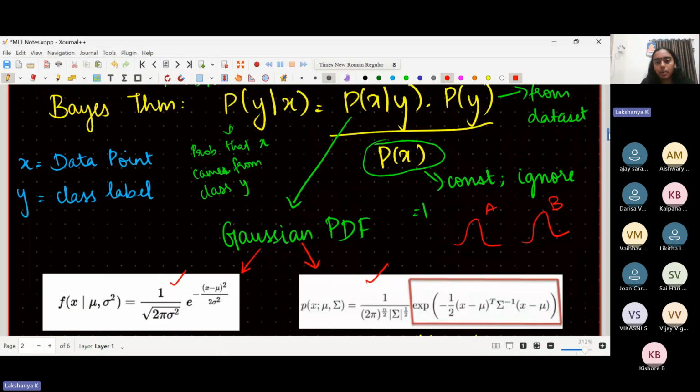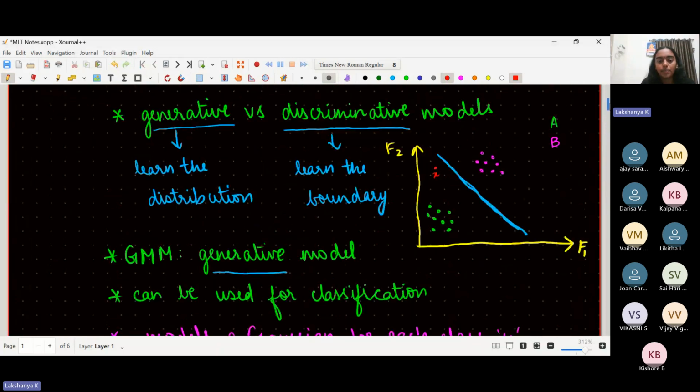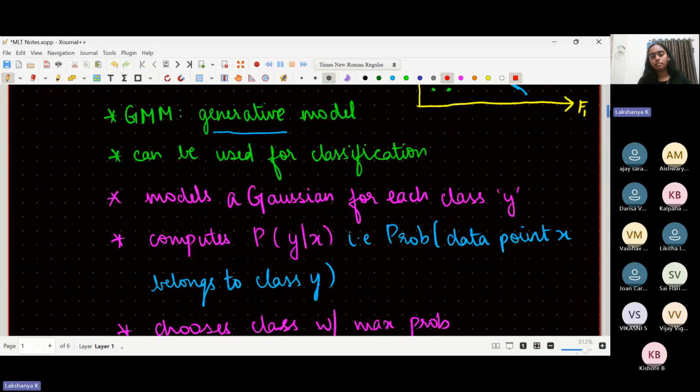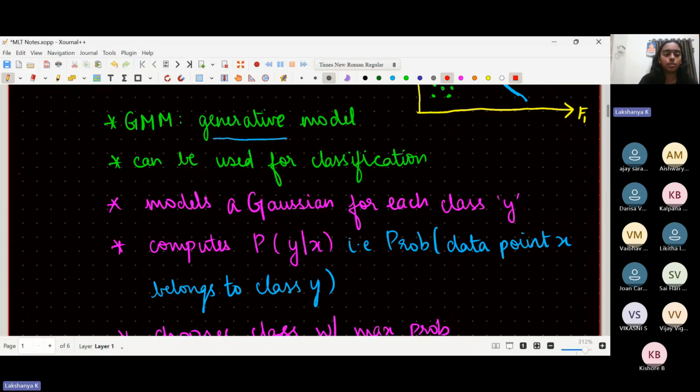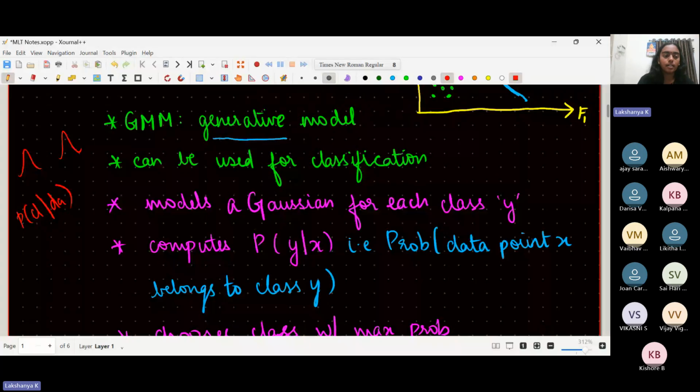Right. So let me quickly summarize what I said so far. GMM is a generative model. It assumes a Gaussian distribution for every class. It learns probability of class given data point. Then for whichever class this term is maximum, it classifies your data point as belonging to that class. Now this can be expressed as probability of data given class into probability of class divided by probability of data.